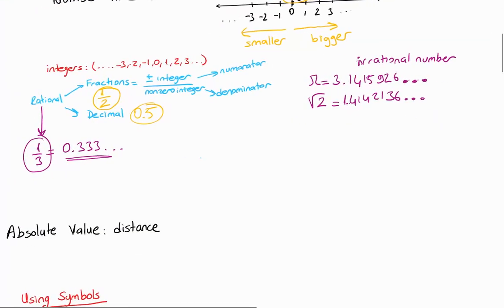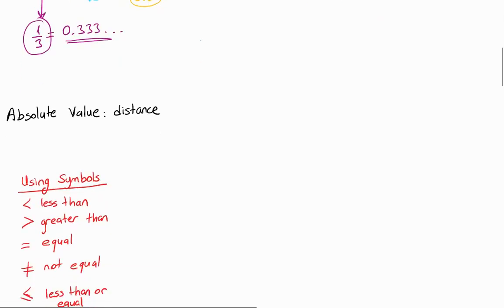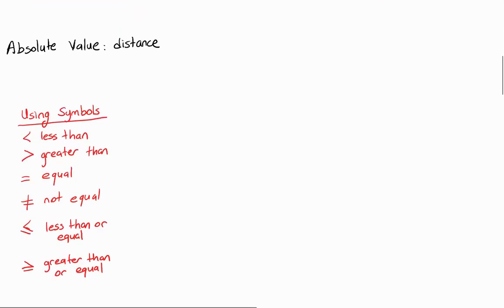So let's talk about absolute value. When we say absolute value, we think distance. What distance? Let's say we are on the number line here at 0, and this is number 3, and this is number -3. From -3 to 0 and from 3 to 0, the distances are the same.